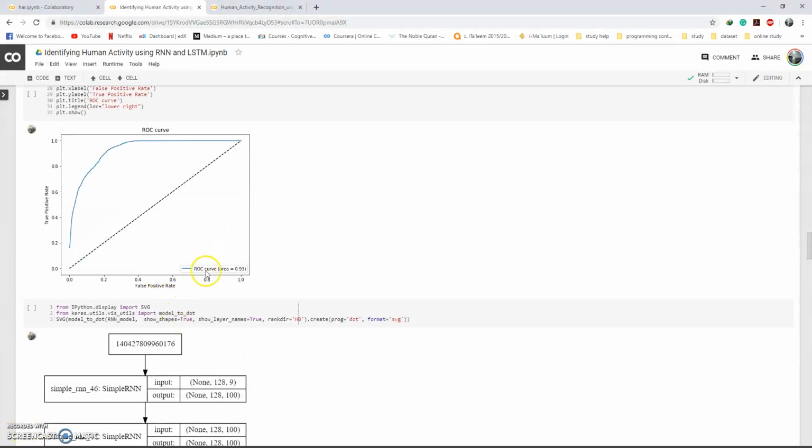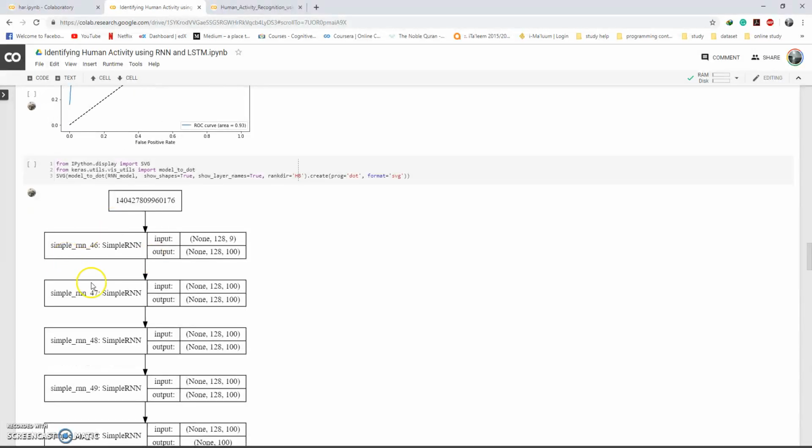Sorry, my mistake, as it is saying here, the ROC curve area is 93%. So this is just the stage we printed out, showing what we did after our input.